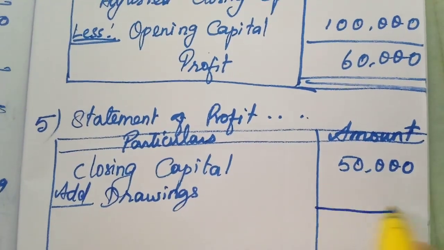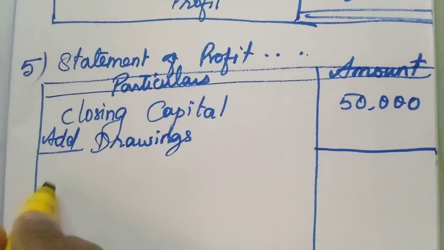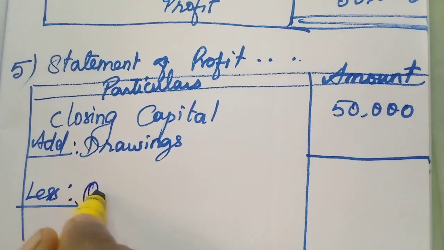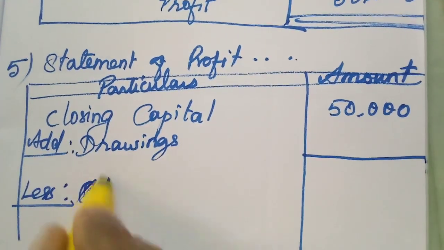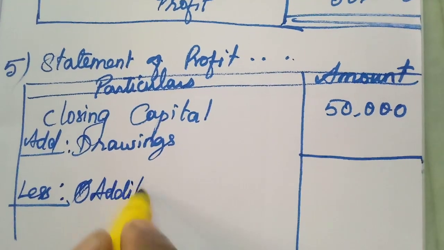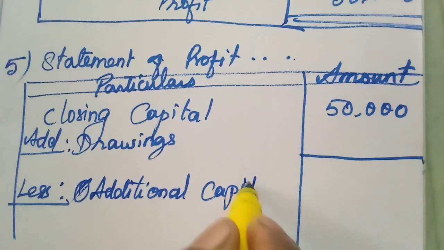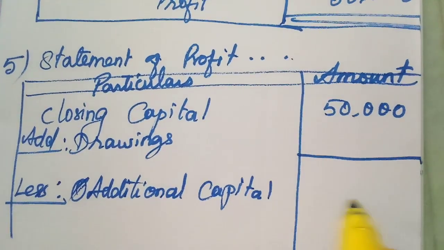So leave the space and draw the line, and leave a little more space and write less additional capital. What is the additional capital? 7,000.